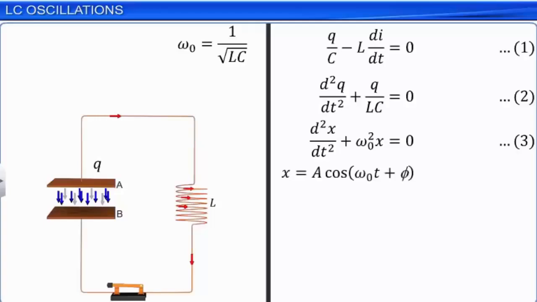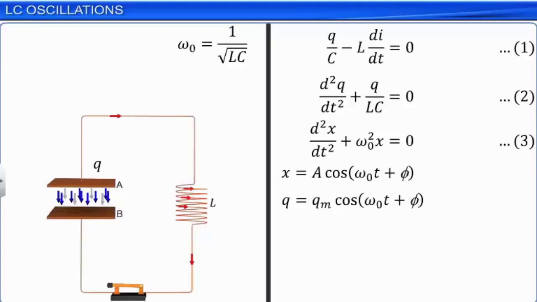Similarly, for equation 2, the charge q can be expressed as q is equal to qm cos omega naught t plus phi, where qm is the maximum charge on the capacitor. Let this be equation 4.